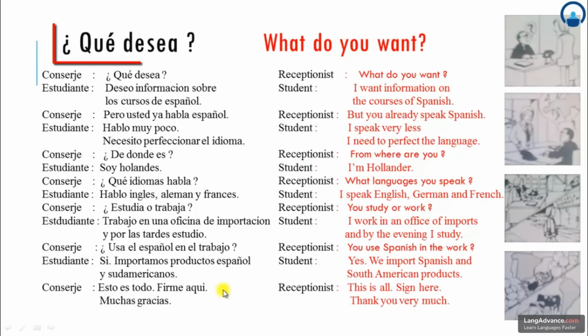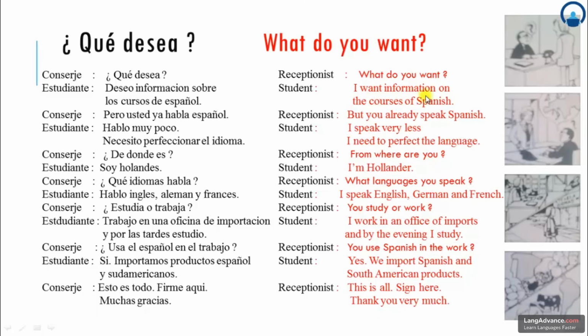Now we'll translate this in English to understand the meanings of new words and the conversation. ¿Qué decía? Means what do you want? Conserje means a receptionist. Estudiante, student. Deseo información sobre los cursos de español.